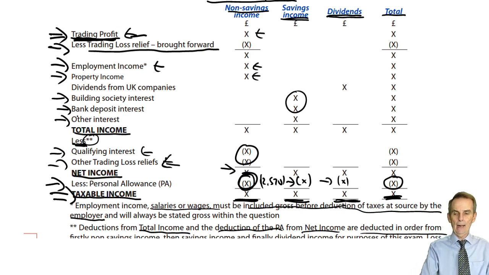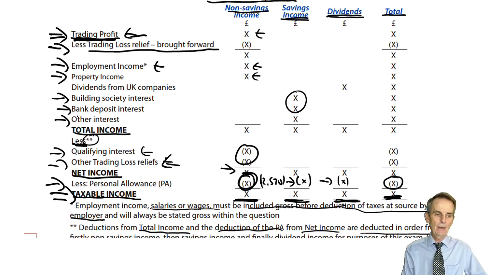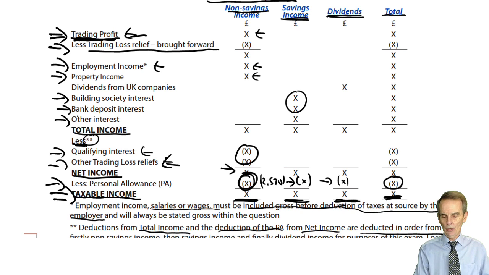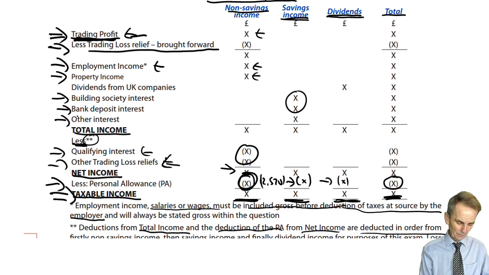There you may own a security that isn't equity but is loan stock, and what do you get as payment for having invested in the company? You get interest at a set rate on that loan stock. So those would be your other forms of interest.